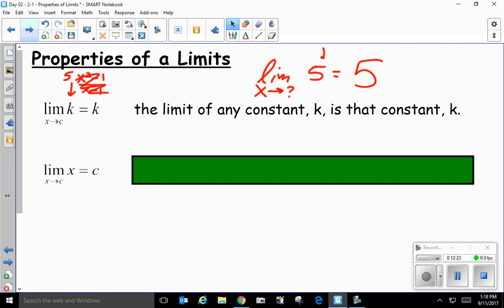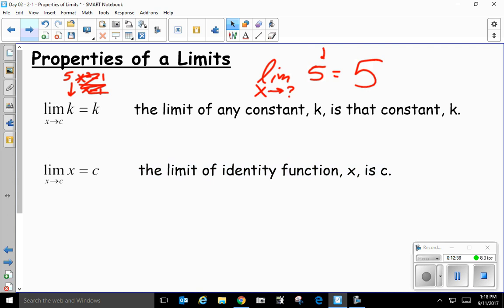What about this? Now, the limit of, I think it's called the identity function. That means y equals x. The limit of the identity function x as x approaches c is c. It's whatever x is equal to.